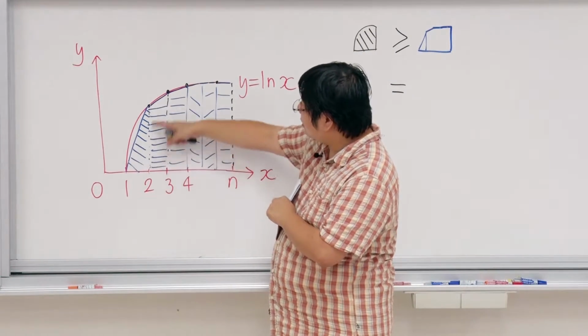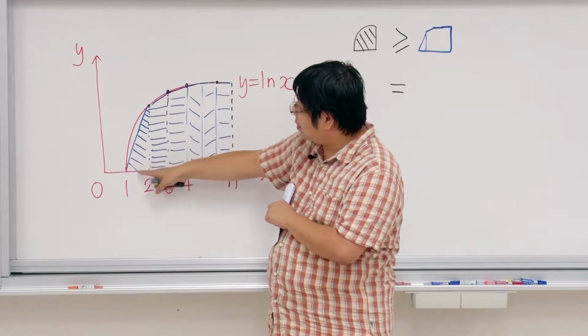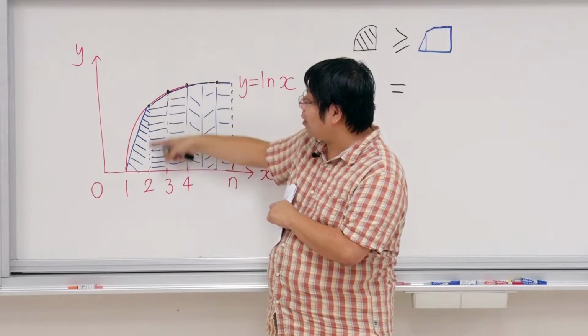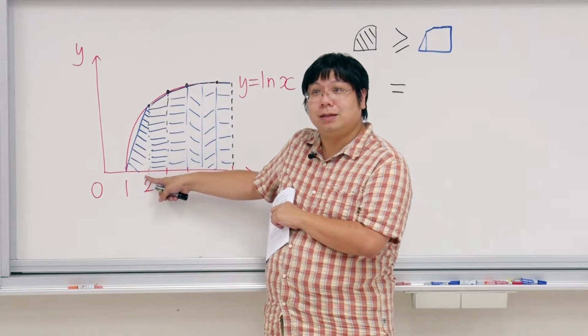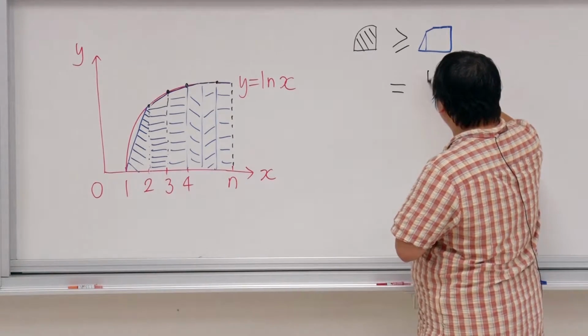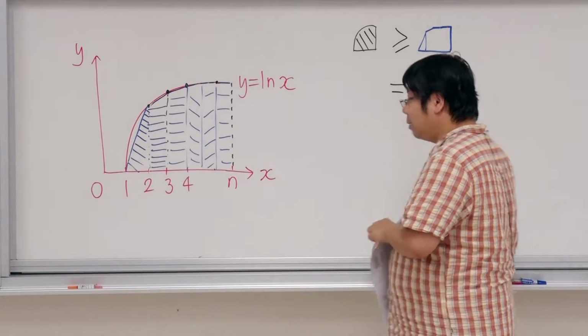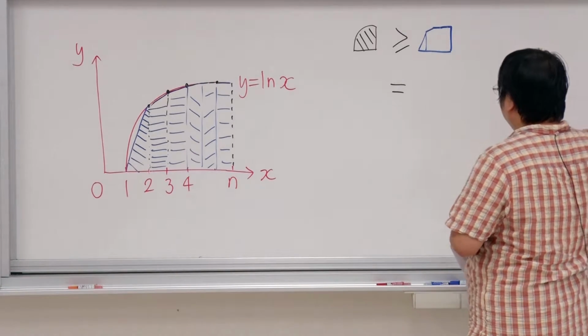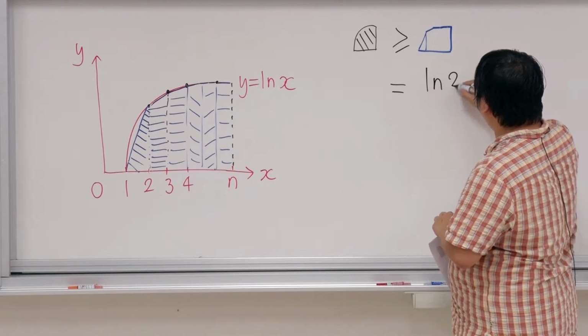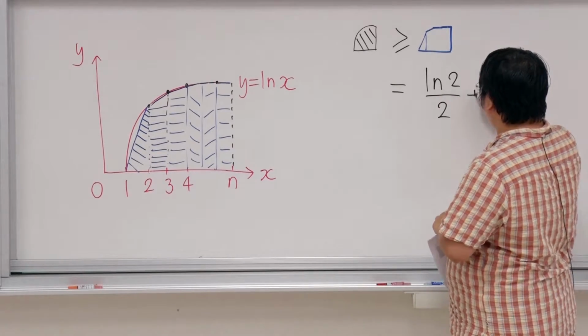Because the base is log 2, the height is 1. So it is log 2 over 2, right? Okay, good. So the triangle is just, let me use ln, log 2 over 2.